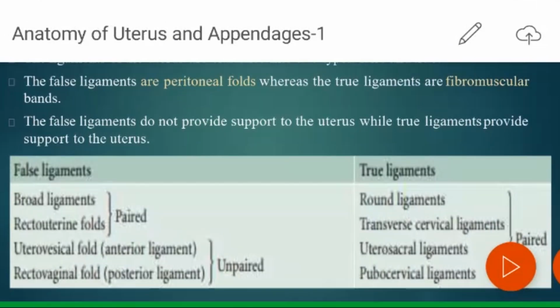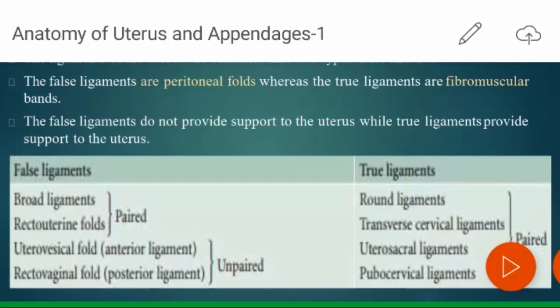So what kinds of ligaments come under false and true ligaments? False ligaments: the broad ligament, paired bilaterally on both sides. Recto-uterine folds are also false ligaments and paired. The uterovesical fold is the anterior ligament and the rectovaginal fold is the posterior ligament; these are unpaired.